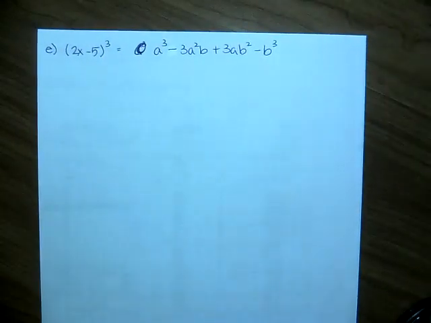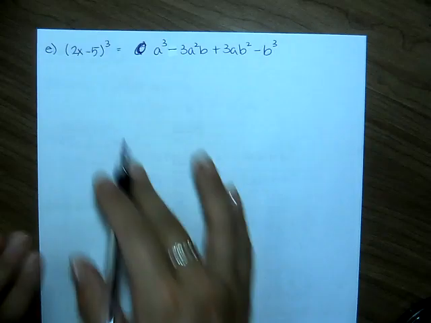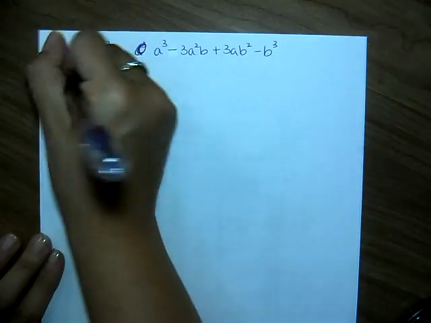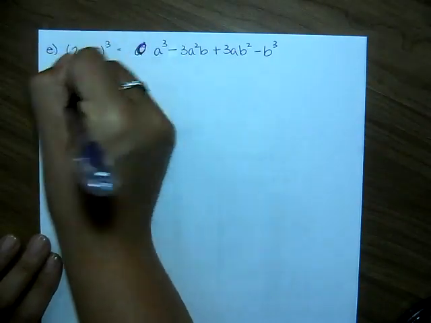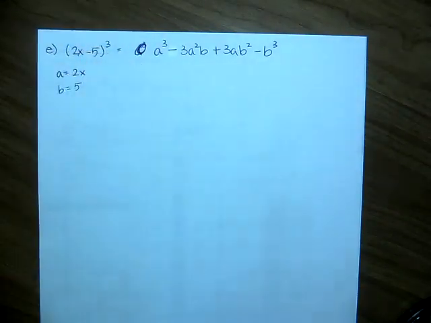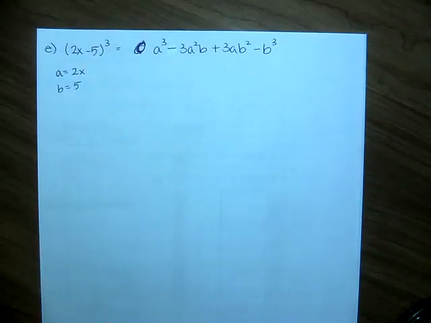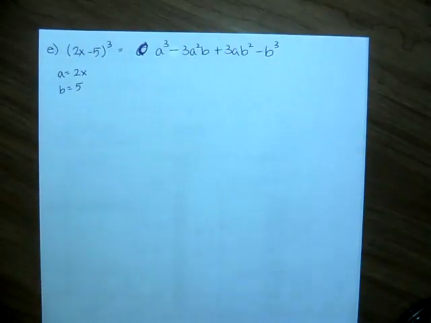Now you could take the time to write out 2x minus 5 times 2x minus 5 times 2x minus 5 and then distribute, but it takes a long time. So instead let's follow the pattern. The first thing you want to do is identify a and b. So a is 2x and b is 5. And again, this is the same rule. You just look at the b term. You don't worry about the sign because it's already been accounted for.